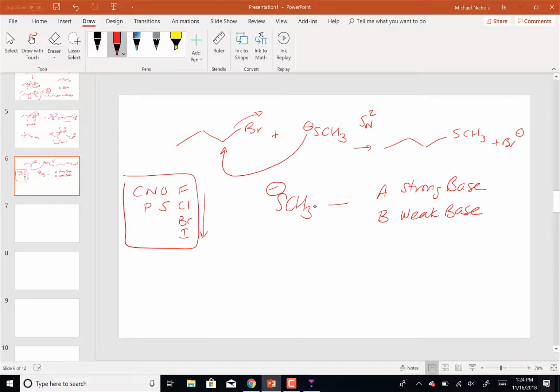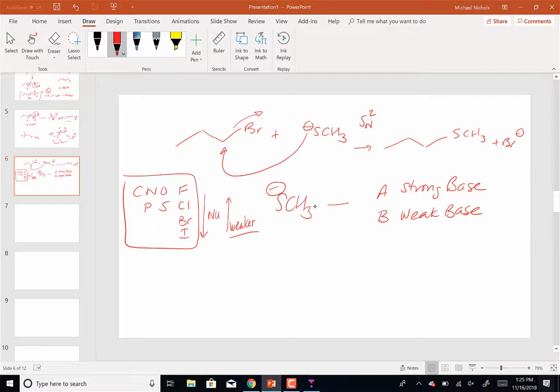That's not basicity, that's nucleophilicity. So as you go down the periodic table, it becomes a stronger nucleophile. But actually, what kind of base does it become? It becomes a weaker base. So as we go up, it's kind of a weaker base.